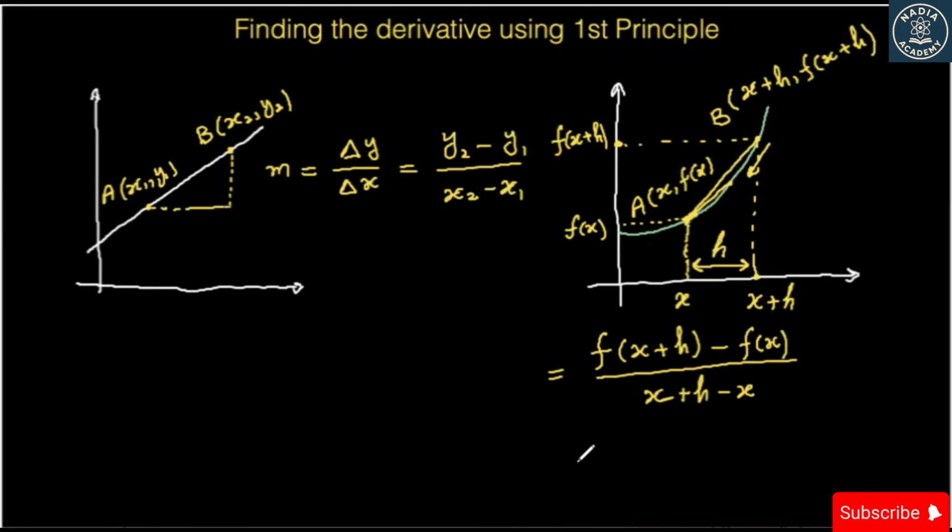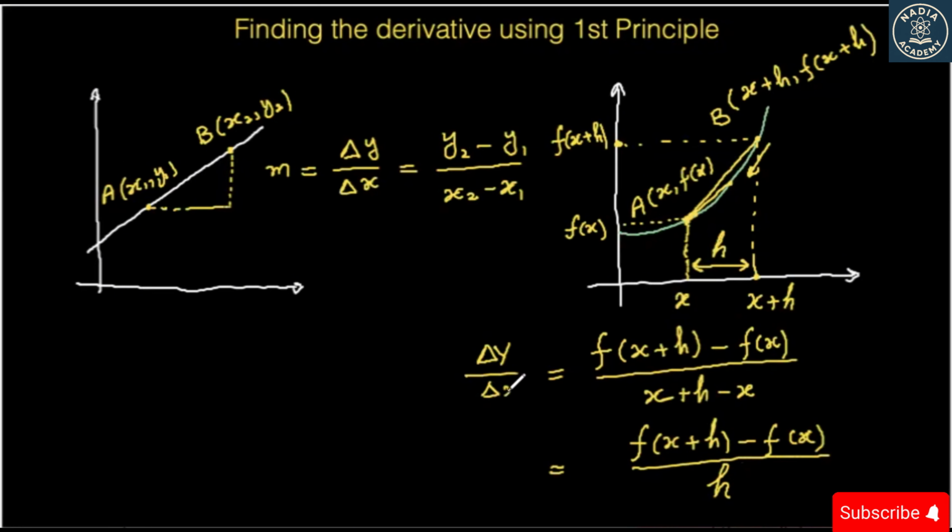This simplifies in the following way: we have f of x plus h minus f of x divided by h only. So this is, of course, our gradient, delta y over delta x, of any function f of x.